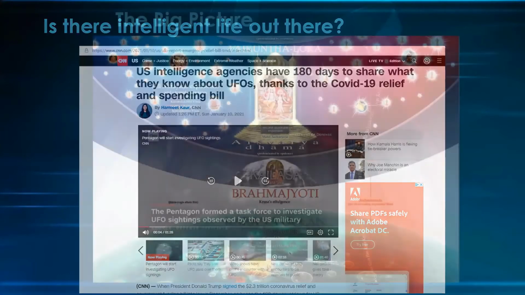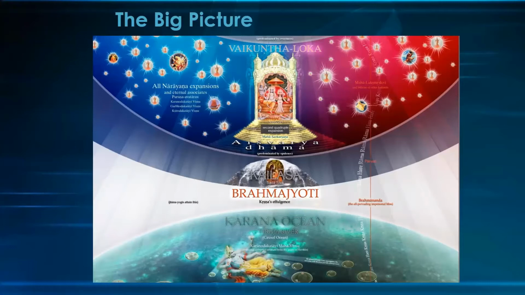And because of that, we started looking at the Vedic paradigm. Is there something in the Puranas that can guide us, or can give us at least some ideas as to what everything is? And we saw first the big picture.